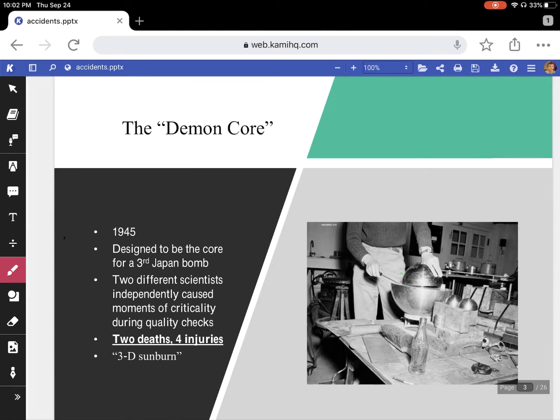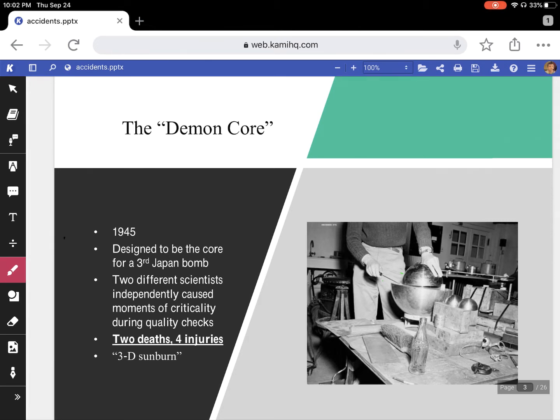Out of this, however, if you look at this picture, this still amazes me. If you look at what the person working with it is wearing, it kind of looks like a school uniform, khakis and a sweater. We learned that safety really needed to be stepped up in working with nuclear projects.